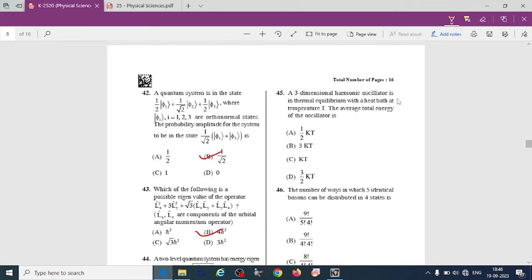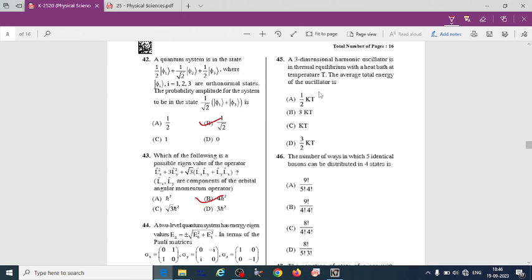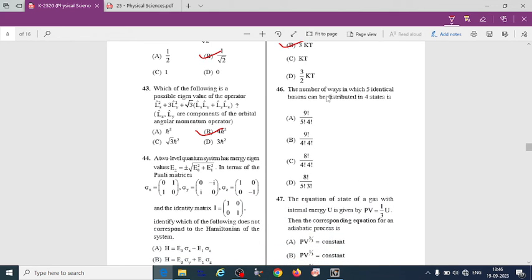A three-dimensional harmonic oscillator is in thermal equilibrium with a heat bath at temperature T. The average total energy of the oscillator is always option B, 3 kT, since it is three-dimensional. The number of ways in which 5 identical bosons can be distributed in 4 states is option D.